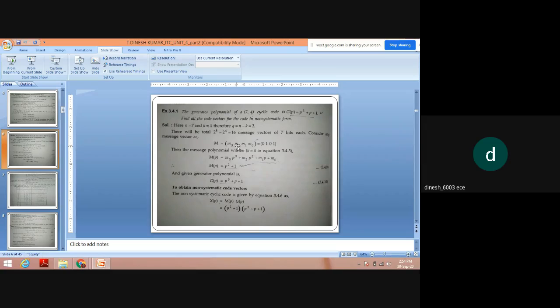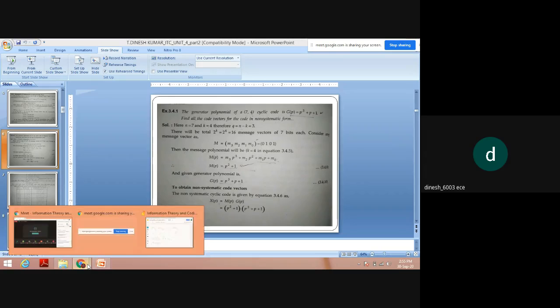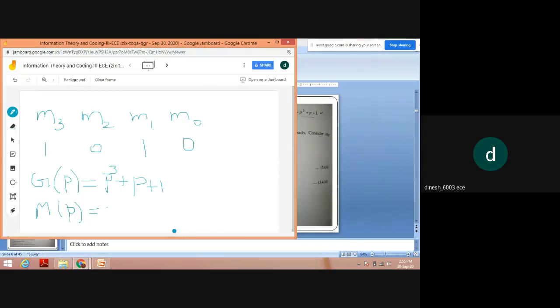In this, I'll be having only two ones. So we have P3, plus P power 2 is not there. M2 into P2 will be 0. So then P will be there. That's all. Okay.